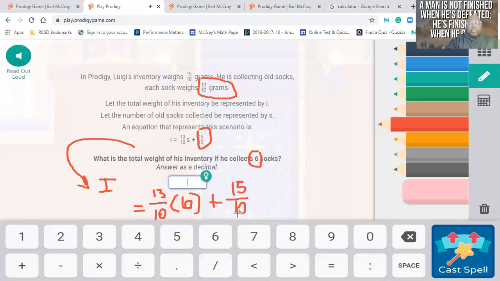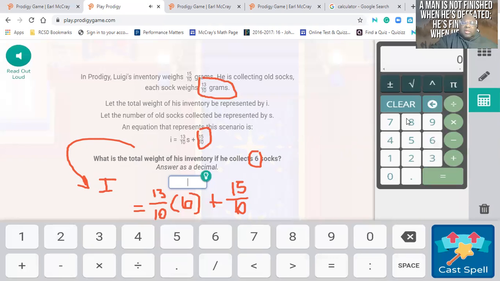So we're just going to use our tool. All right, 13 over 10 times 6 plus 15 over 10 is going to give us a decimal of 9.3. So 9.3. Let's see if we're right.